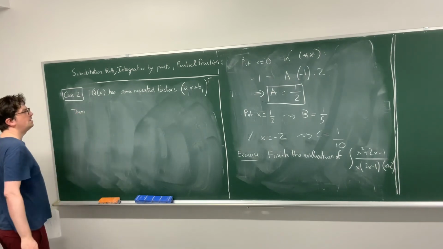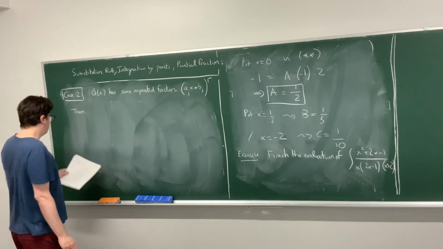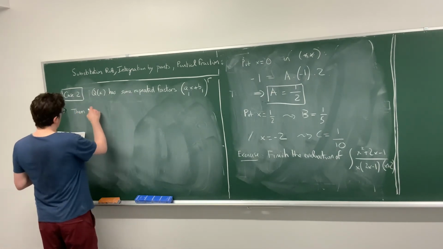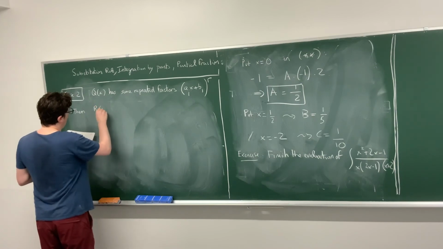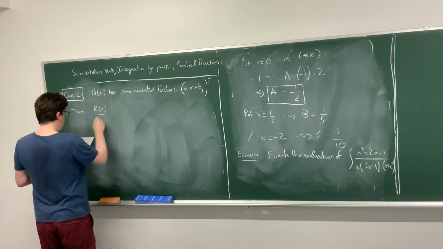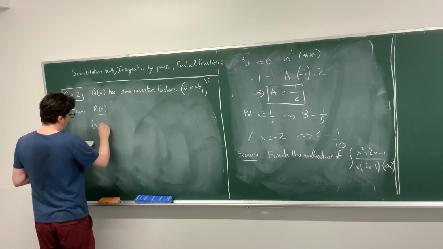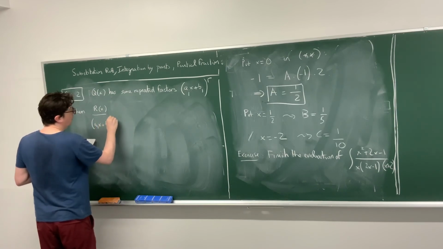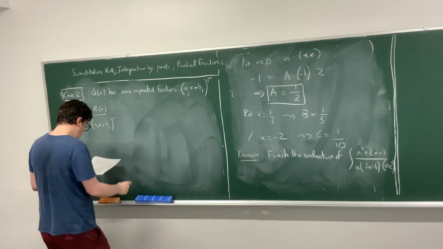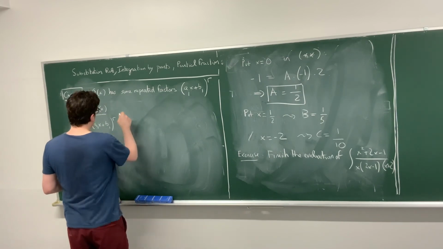Now, what do you do with this kind of case? Well, for sure, you can write r of x divided by this a1x plus b1 to the power r as follows.